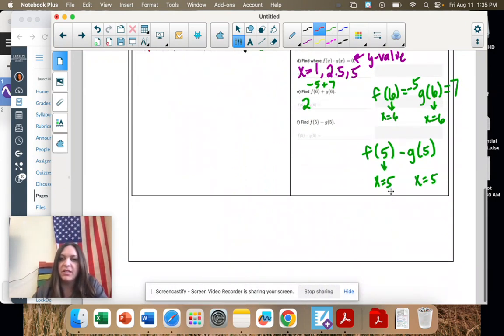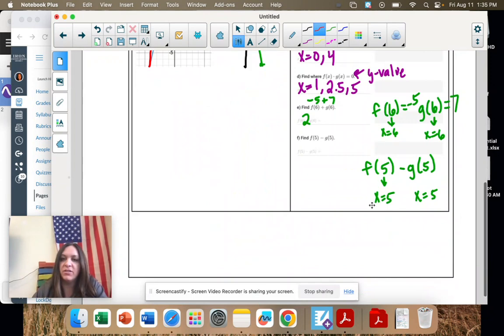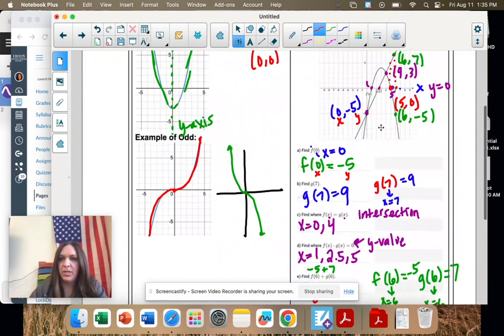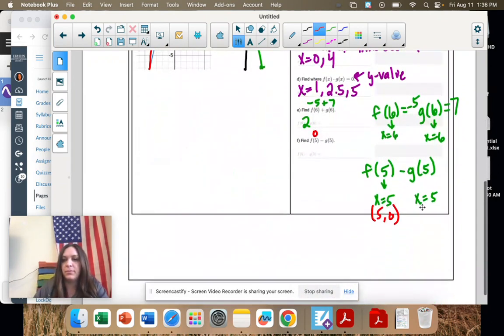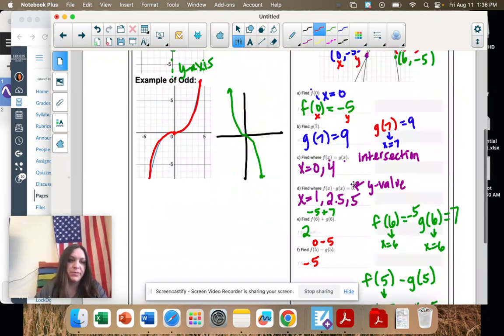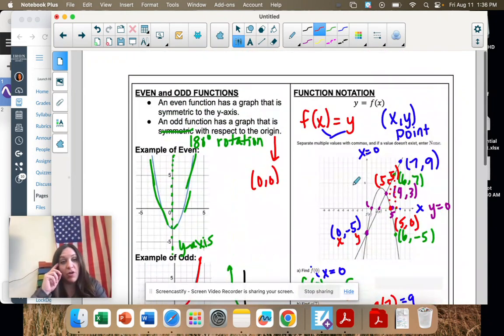That's on f of x. So 5, 0 is my point. So that means f of 5 is 0. And then g of 5 is 5. 5, 5, that's the point. So we're going to take 0 minus 5, which is -5. Okay, so it's just being able to go back and forth from the graph to function notation.